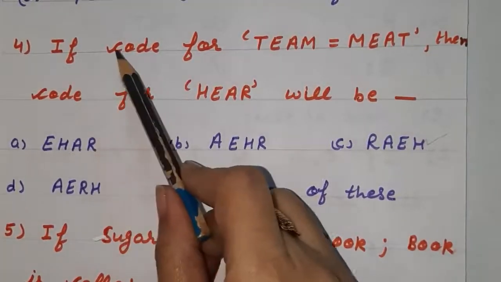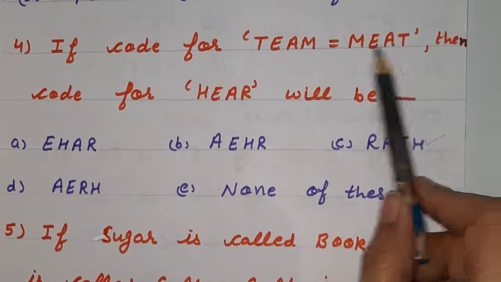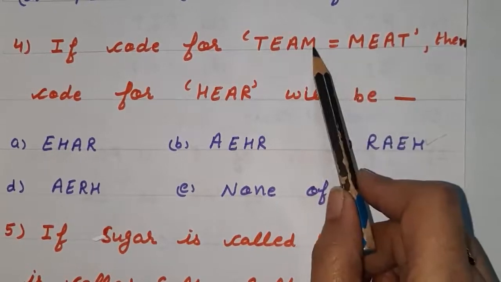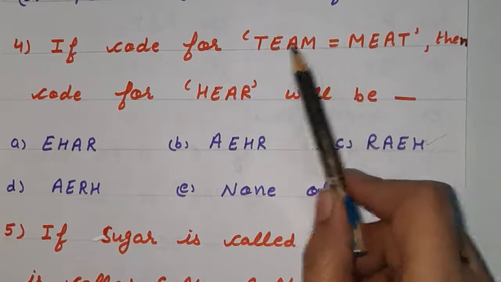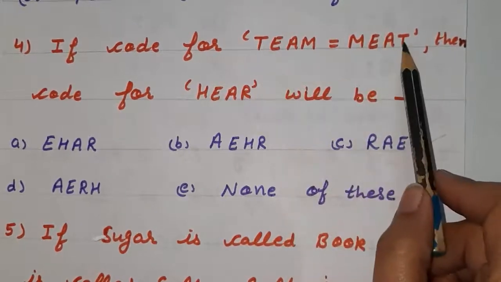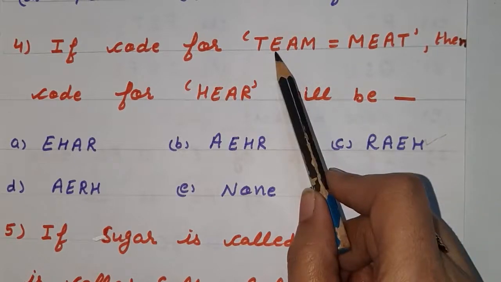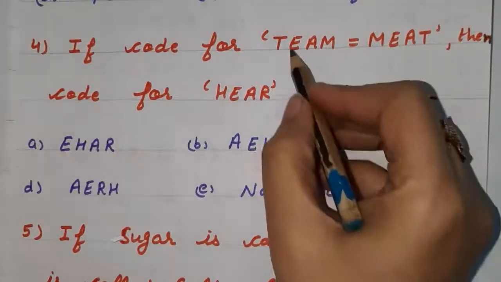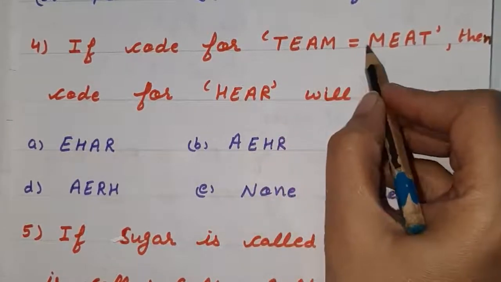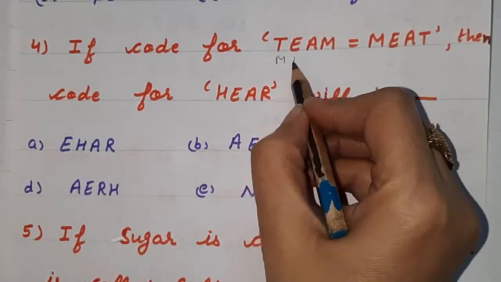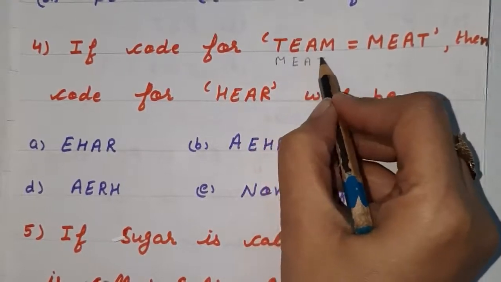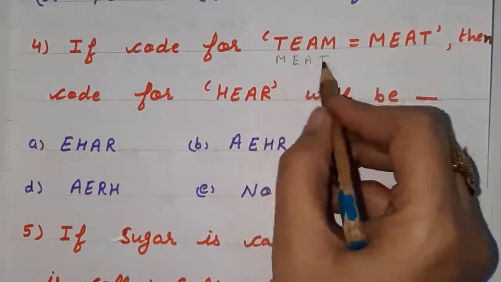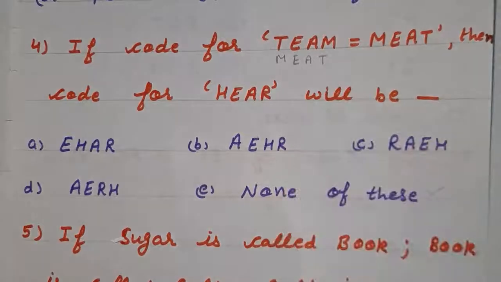Question number 4 was, if code for team is meet, T-E-A-M, M-E-A-T. Now see, only T and M have changed the place. E and A are at their own place.